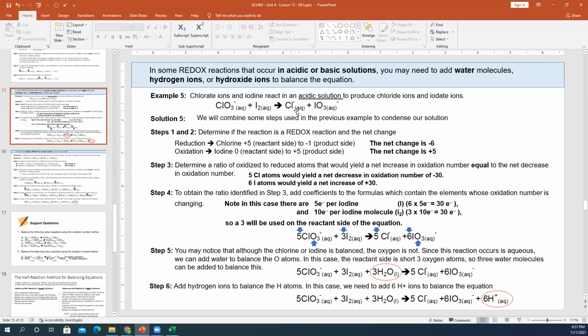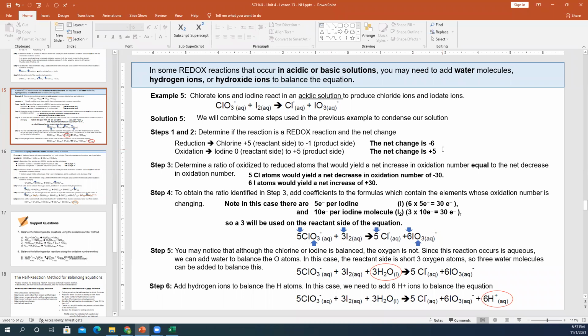And so the net change here is -6. And then for the oxidation half reaction, we see that the iodine, which started on the reactant side with an oxidation number of 0, on the product side has an oxidation number of +5. So the net change is +5. So there is a redox reaction going on.